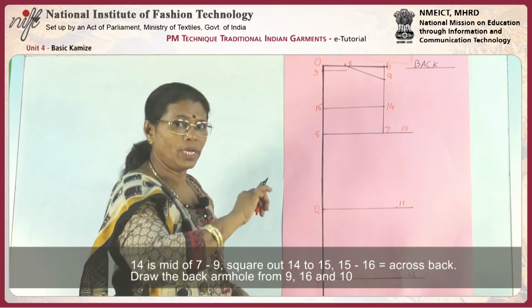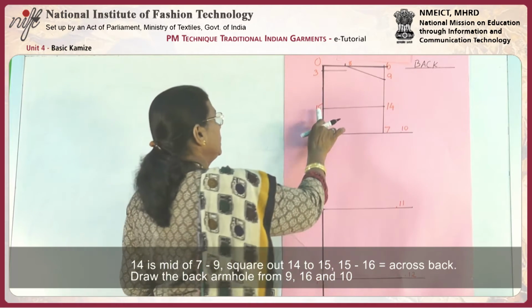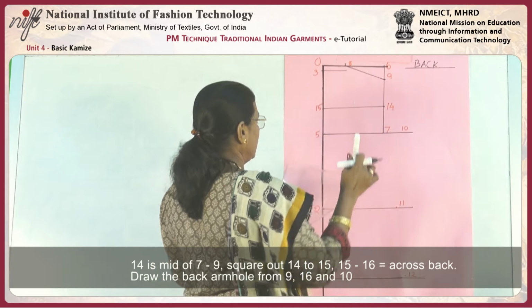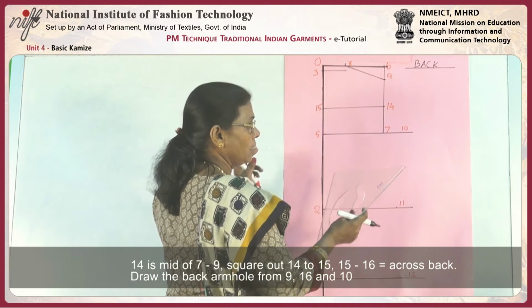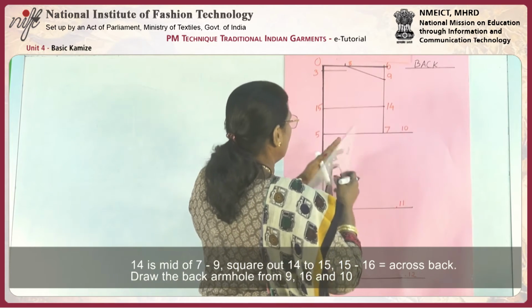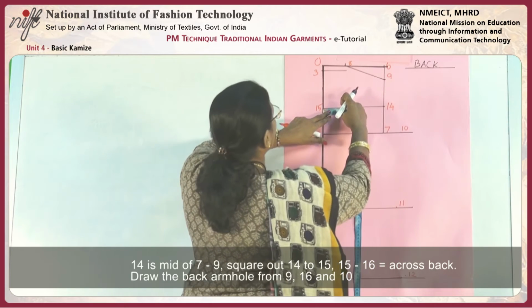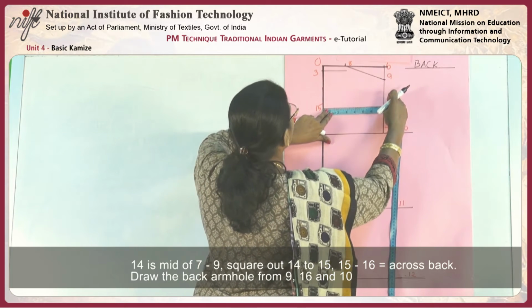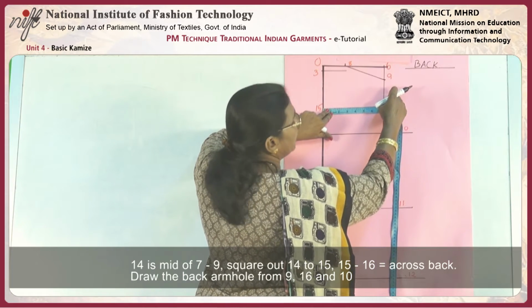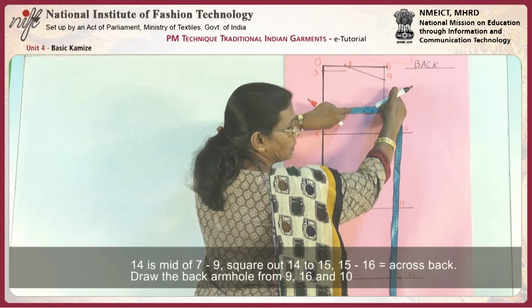Now 15 to 16 is across back. Across back is 6 3/4.